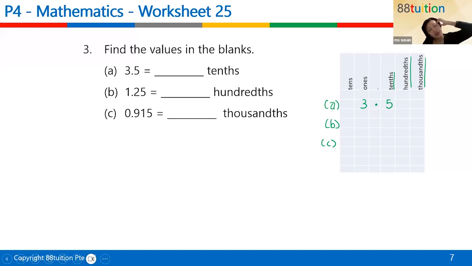You must draw your own chart. All right, let's see who this is. 125, 915, 35.